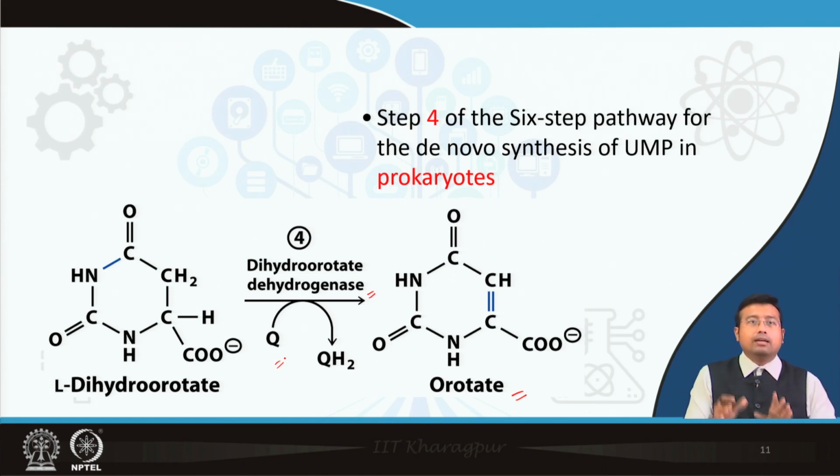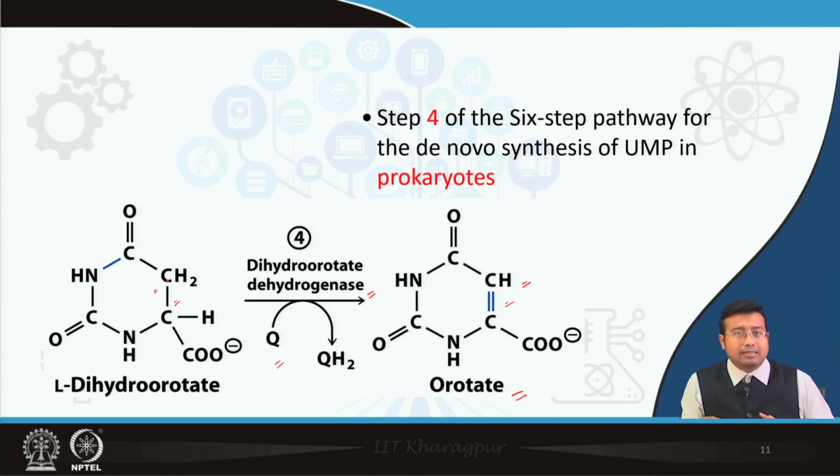So, simply there is a double bond formation over here. This is a dehydrogenase, and it leads to the removal of hydrogen atoms from the single carbon atoms. So, we get orotate or orotic acid.